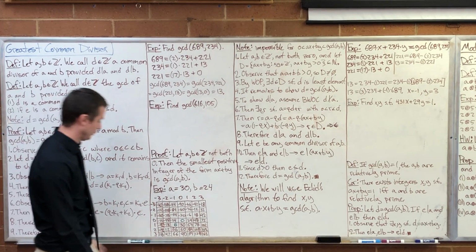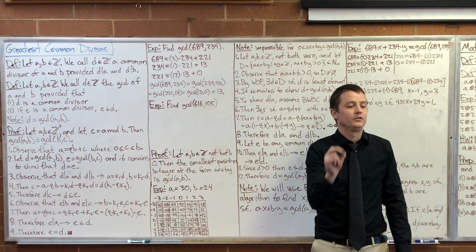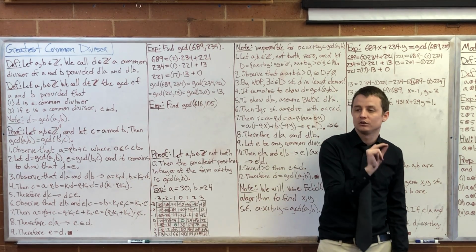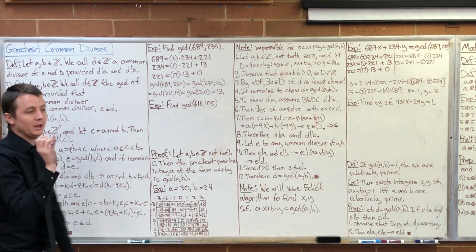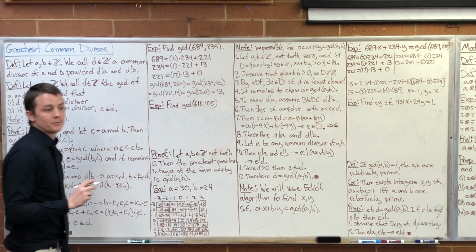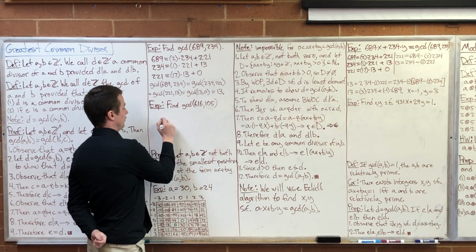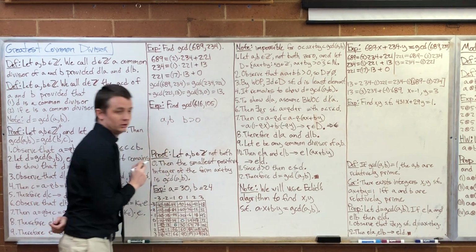Now for greatest common divisor, it's very important that you remember the main theorem we did last week. It's going to show up in all of number theory over and over again. So do we remember what the main theorem was last time? The theorem about division. If I have two integers, a, b, with b greater than 0, what do I know?